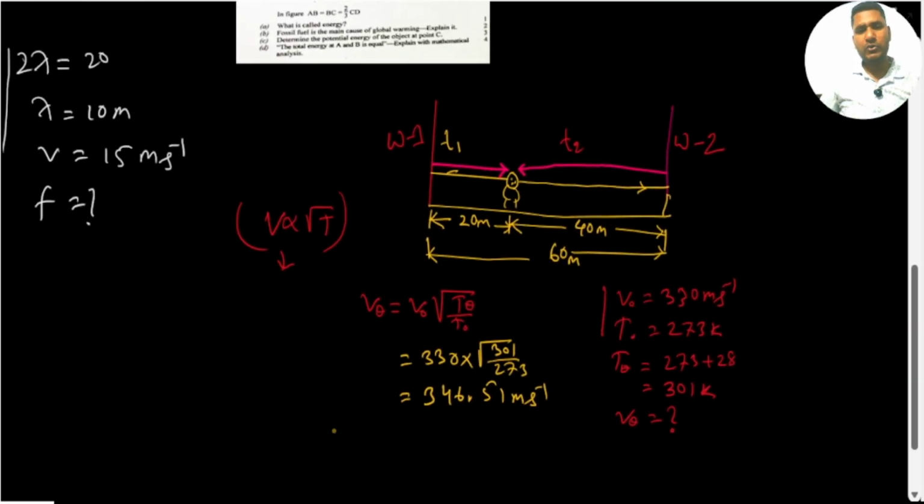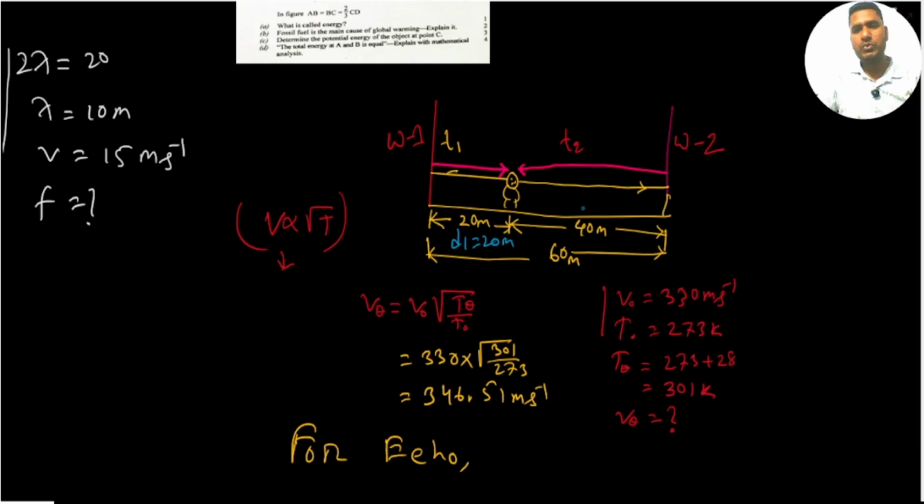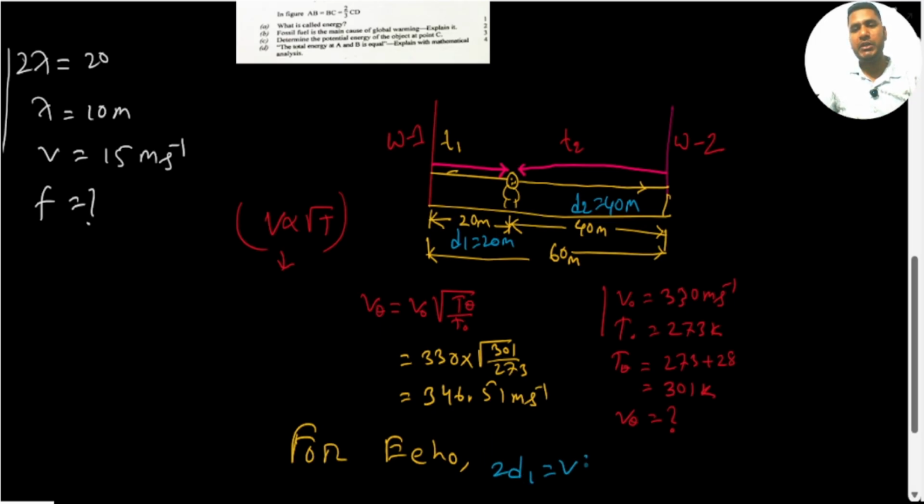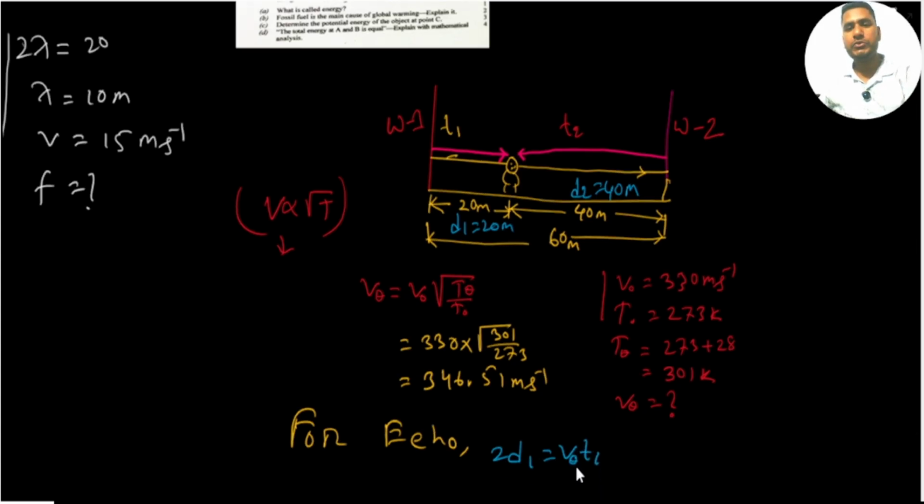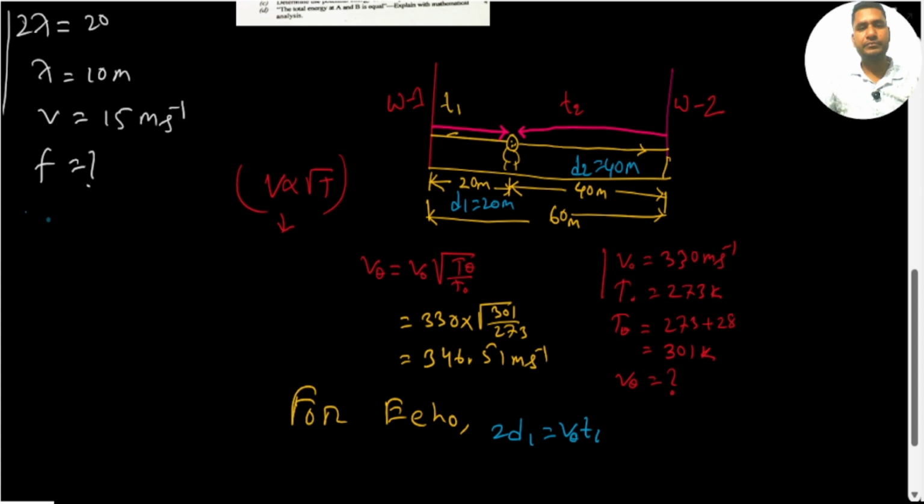For echo, suppose D1 is 20 meter and D2 is 40 meter. In the first case, we know 2D1 equals V theta times T1.